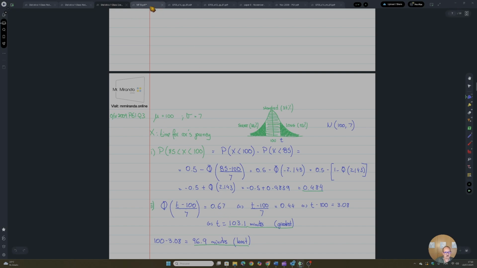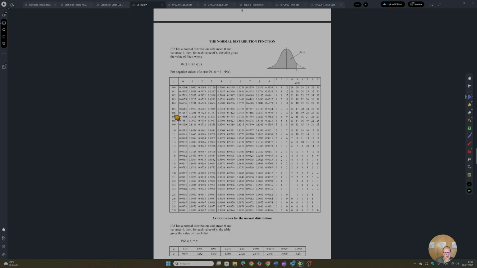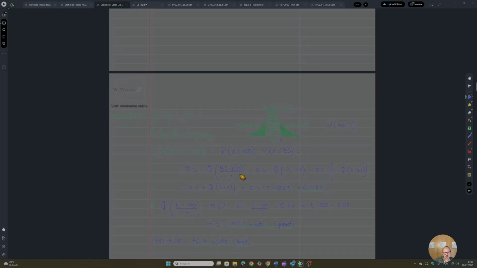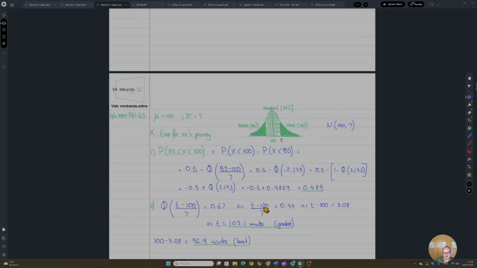So you go to the table, find the z-value corresponding to 0.67. I already did that, and for 0.67, that's 0.44. 0.44 is 67%, as you can see here. And now that you know the z-value, you calculate t. And the t is 103.1 minutes. This is the greatest. Okay?